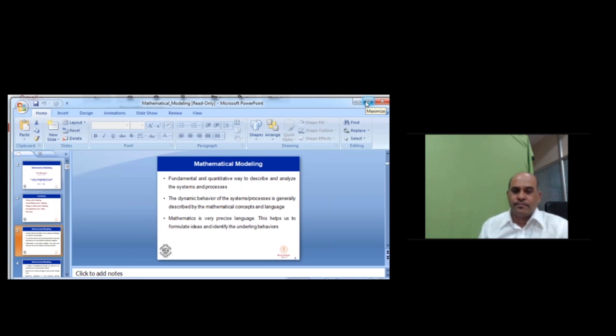It is the dynamic behavior of the system and processes, which is generally described by mathematical concepts and language. As I already mentioned, it is dynamic behavior. The system is a dynamic system, and it is represented in a time-domain form with some equations. Mathematics is a very precise language which helps us formulate ideas and identify the underlying behavior of the system.